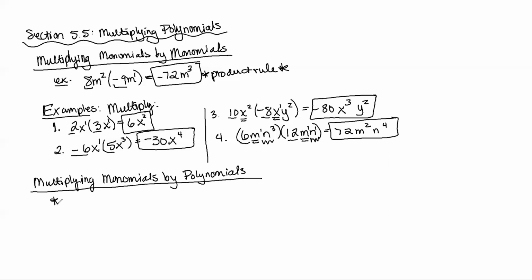And just like we've seen before, anytime we have a single term on the outside of a set of parentheses, we want to distribute. So let's go ahead and look at some examples. Again, we're just multiplying.